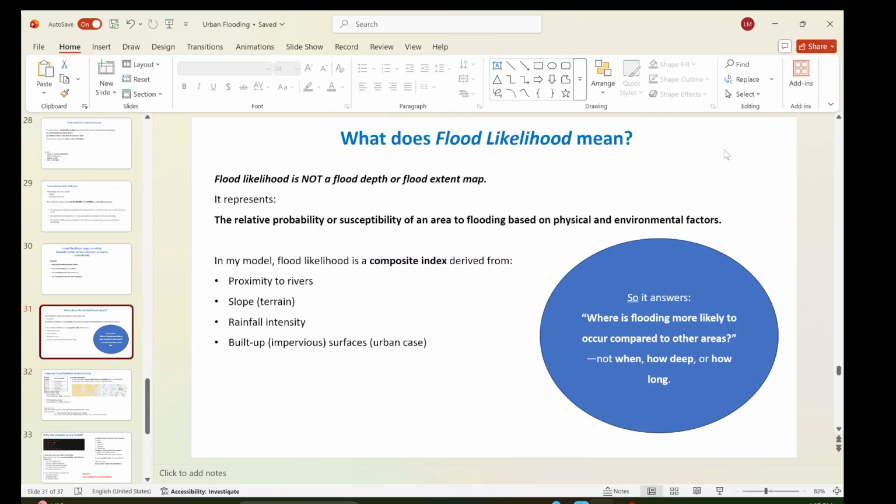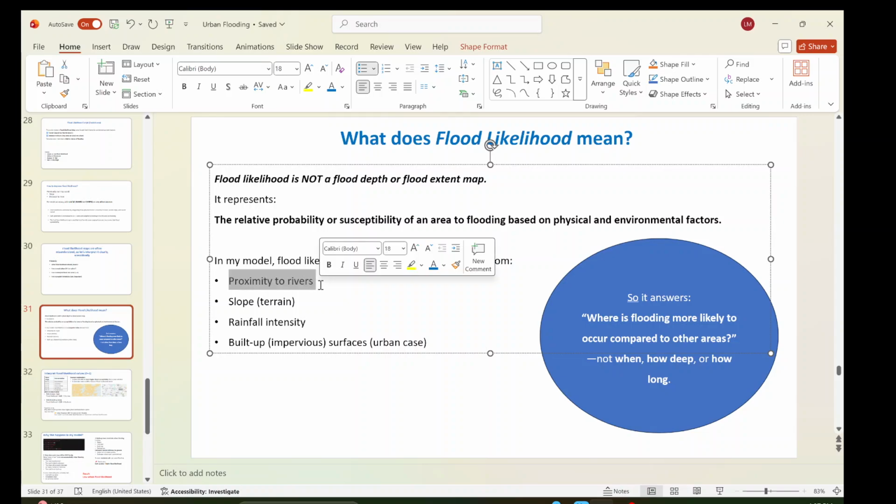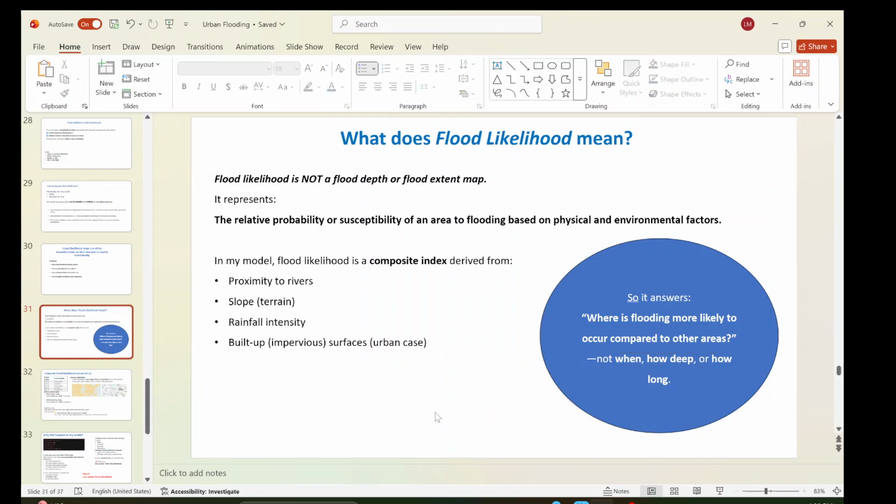It only represents the relative probability or susceptibility of an area to flooding based on physical and environmental factors. In my model, flood likelihood is a composite index from distance from the river, slope, rainfall intensity, and built-up or impervious surface in the case of urban areas. The answer is where flooding is more likely to occur compared to other areas, not when, how deep, or how long. This is the difference.